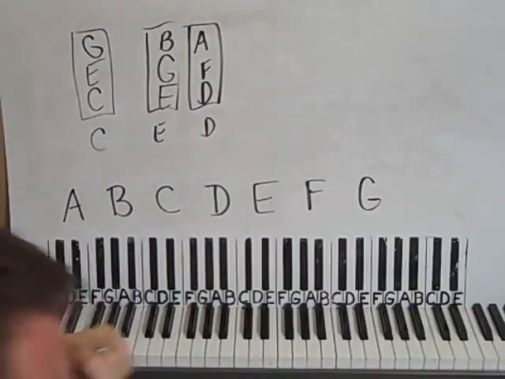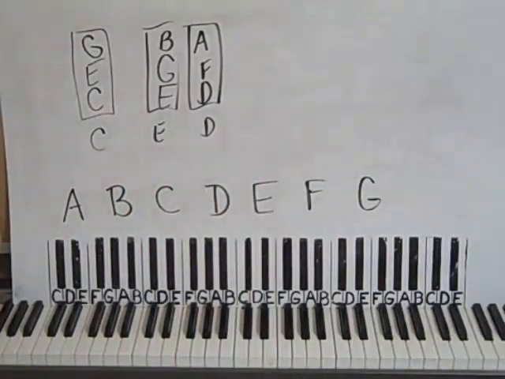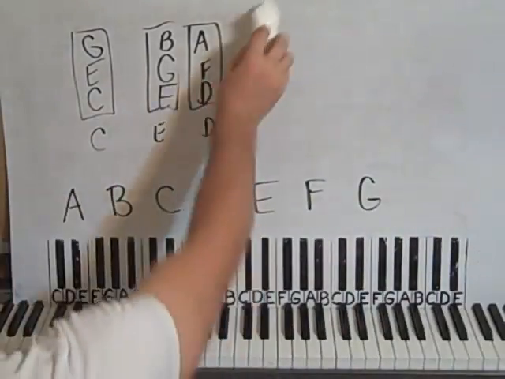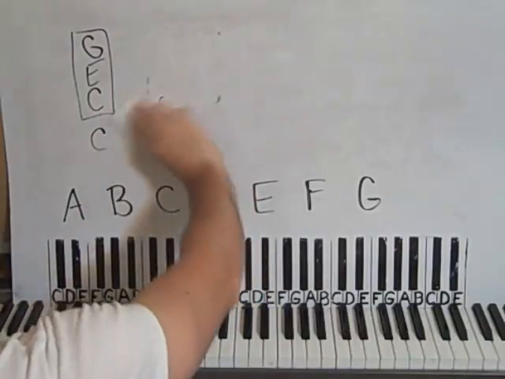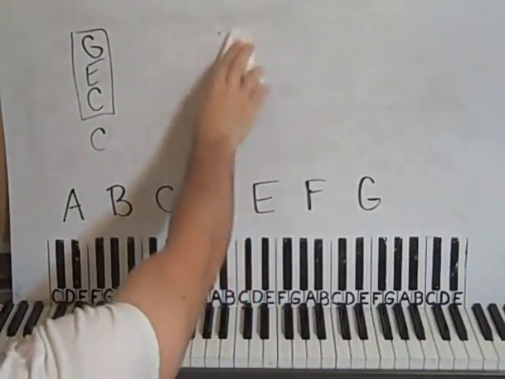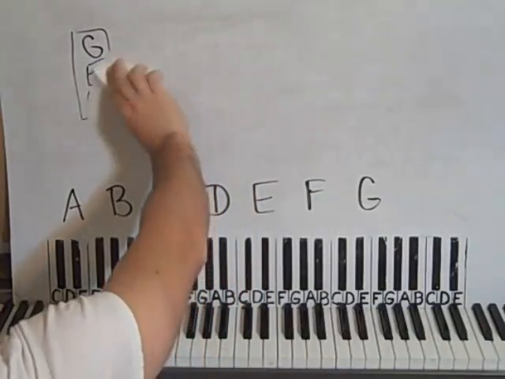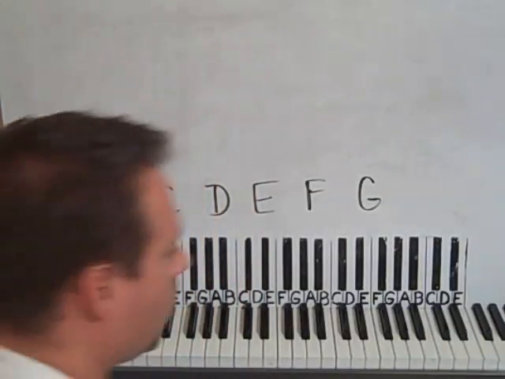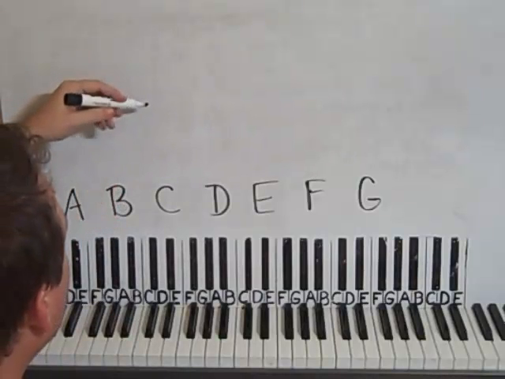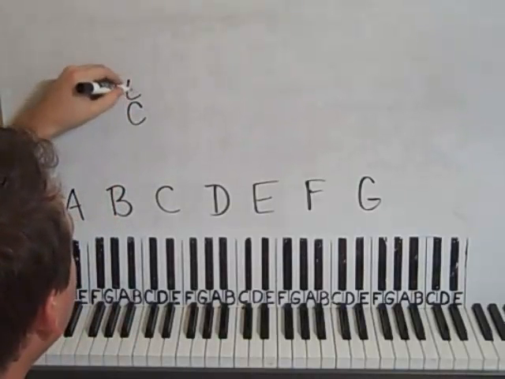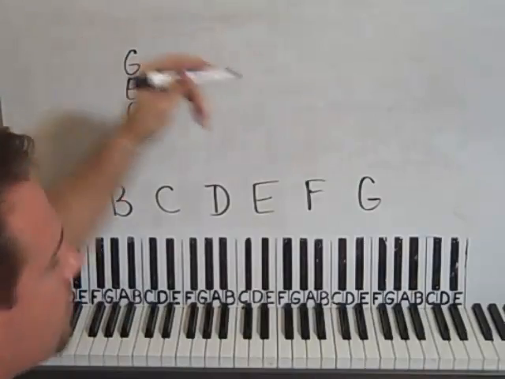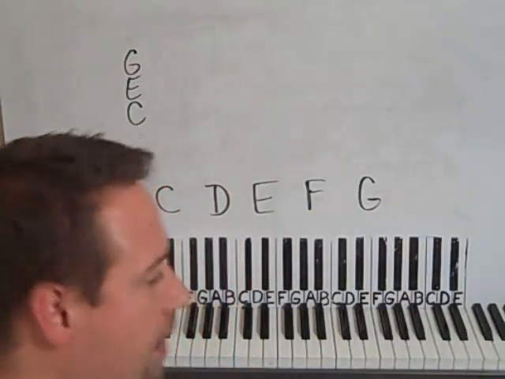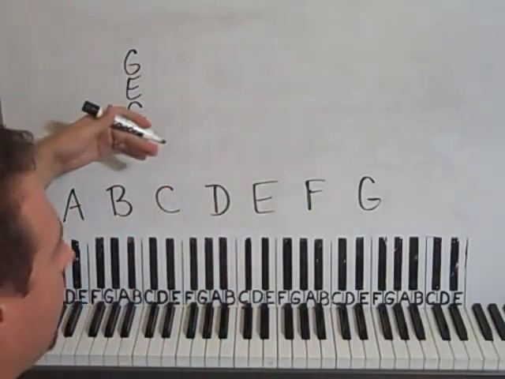Now you may wonder, let me get my eraser here, about flats and sharps. You say, well, there are different types of C chords, different types of E chords. That is true, but it does not change the name of the chord. Like if I take a C chord, and someone says a C minor chord, in another video we'll discuss what makes a chord major or minor.